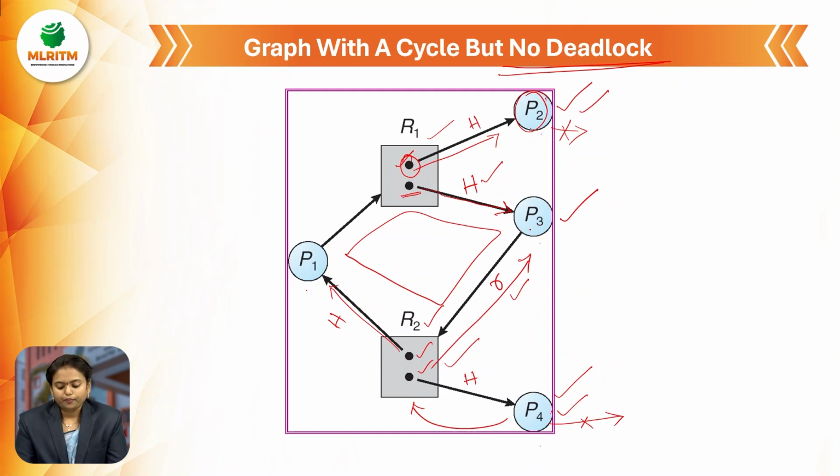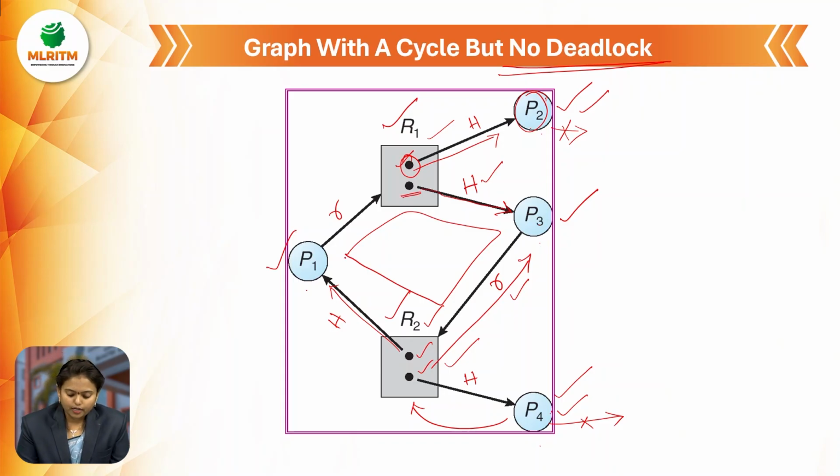Then the process releases those two instances of R1 and R2. Now for the execution of process P1, resource types R1 and R2 with instances are available. So it simply executes and releases those resources.